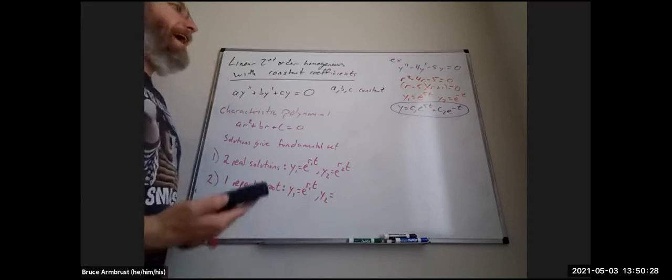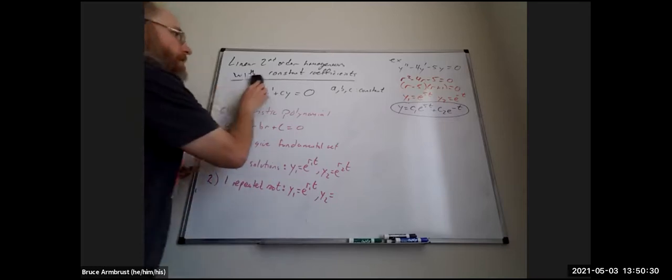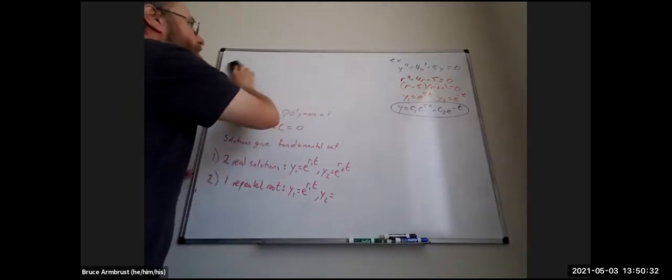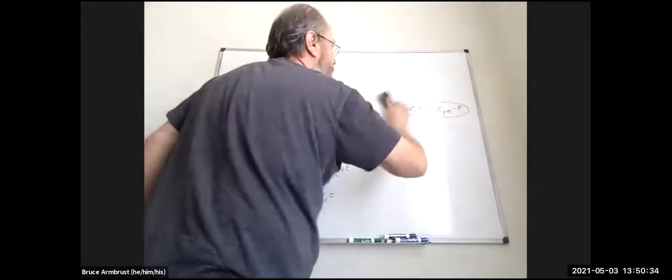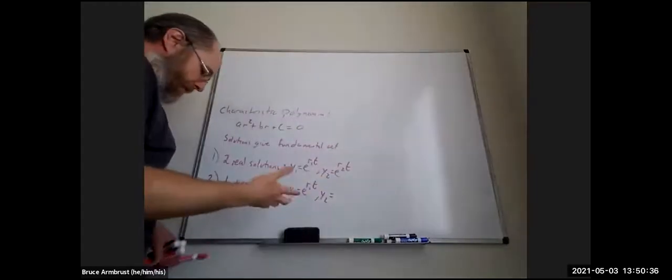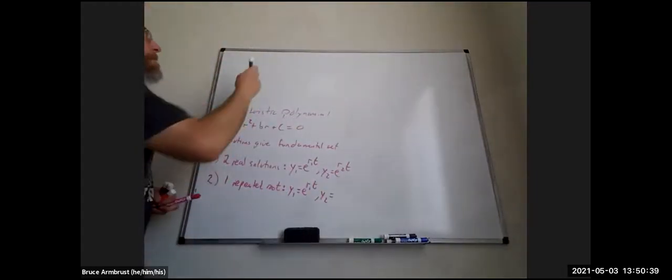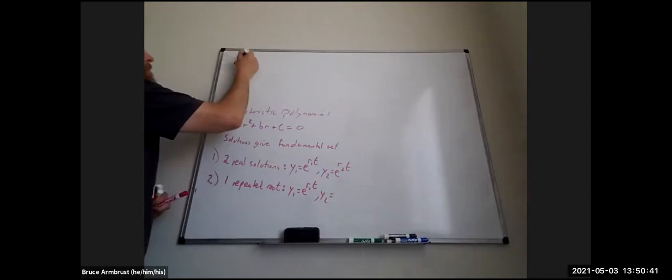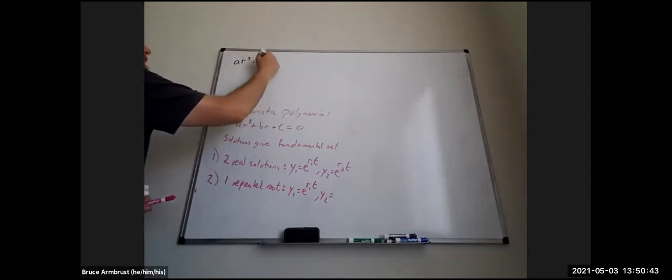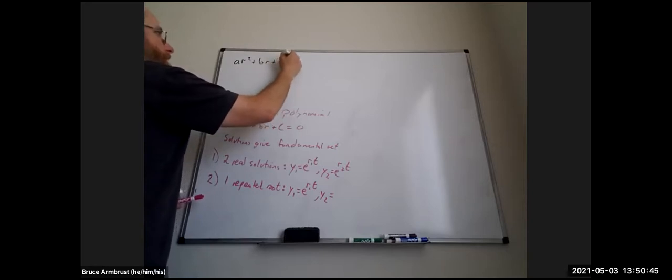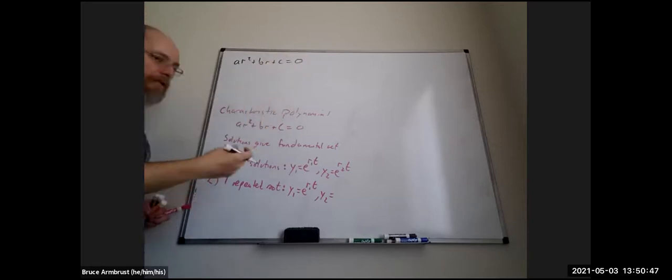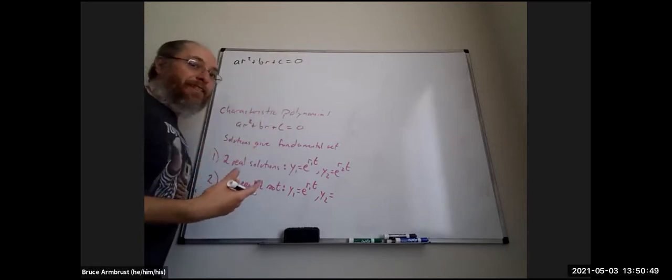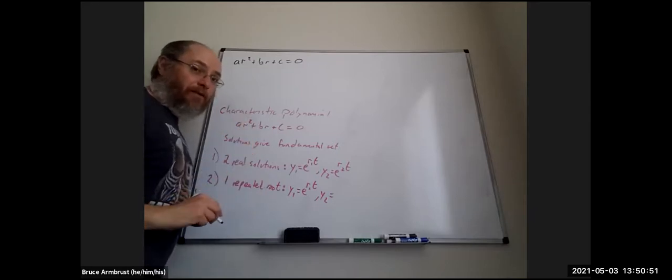So the way we're going to attack this is we're just going to go with saying that we factored one of these guys. So we've got ar squared plus br plus c equals 0. So let's start with what has to be true for this to have just one solution.